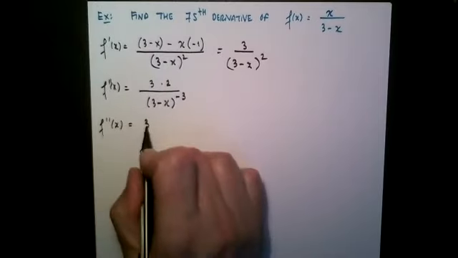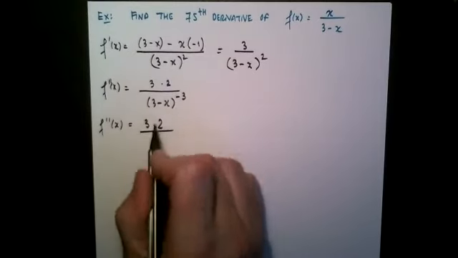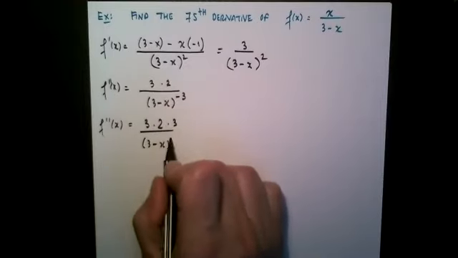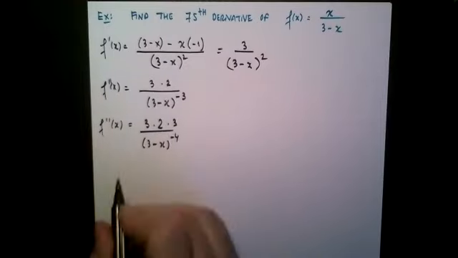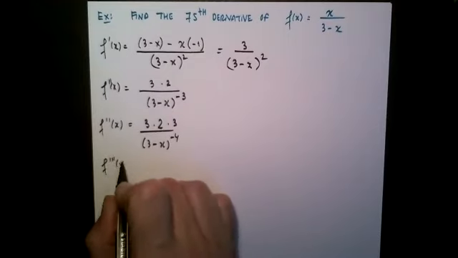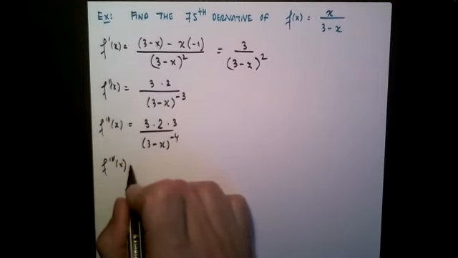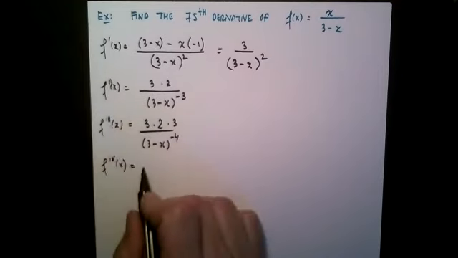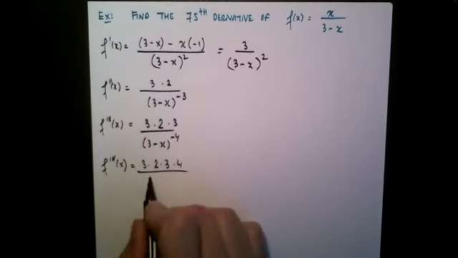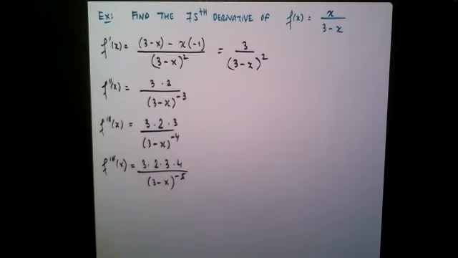Third derivative, 3 times 2, and then to the minus 3, so it will be (3 minus x) to the minus 4. And I keep going like this. Fourth derivative, 2 times 3 times 4 over (3 minus x) to the 5.